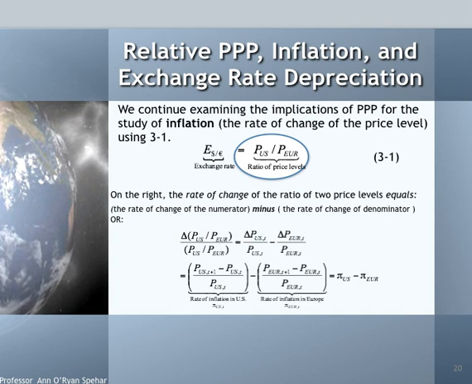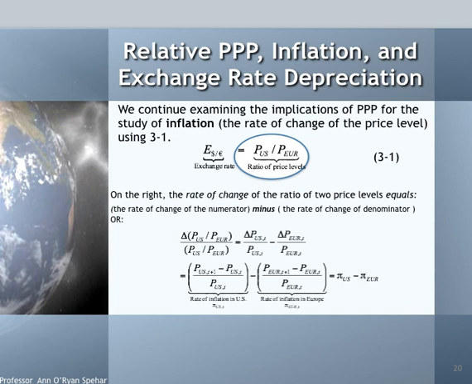But when I take the rate of change of a ratio, I can simplify that and take the rate of change of the US price and subtract from that the rate of change of the euro price. We're just going to assume this because it's provable through calculus, but I don't want to go through the proof, and I don't want students to need calculus in order to take this course.